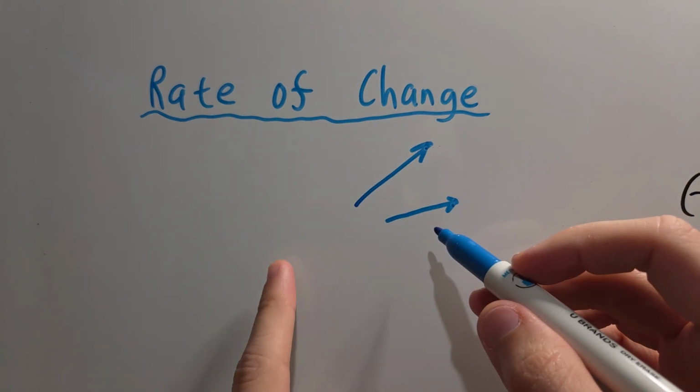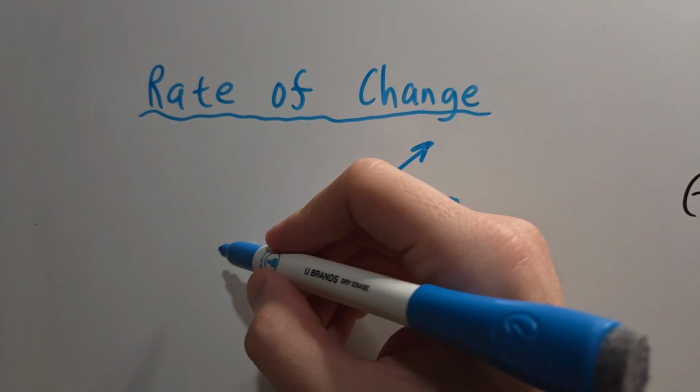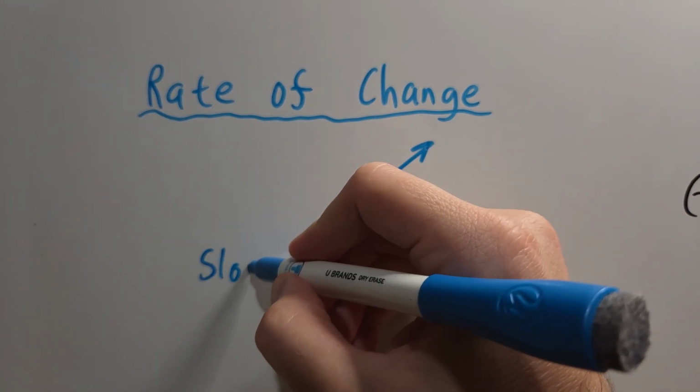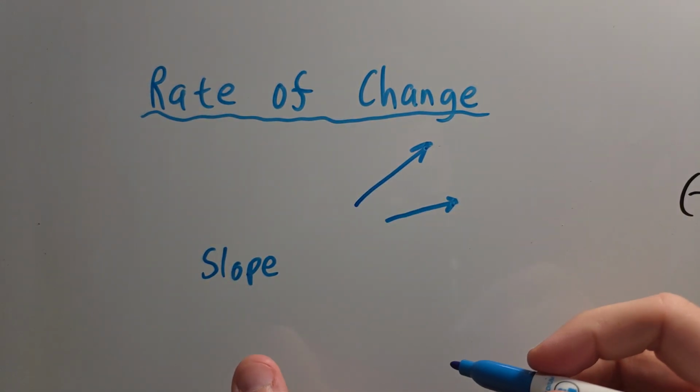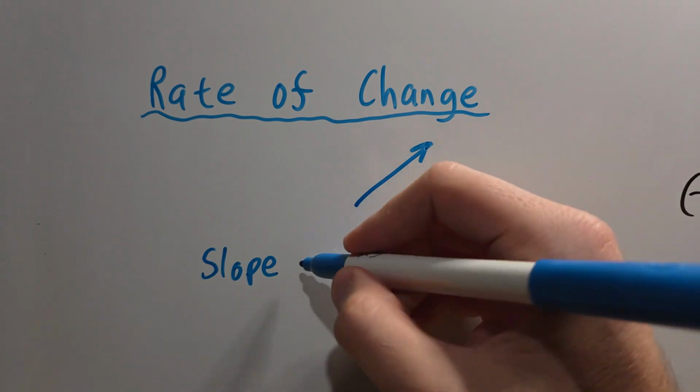There is a more condensed name for the rate of change, and that is slope. The slope of a line is its rate of change.